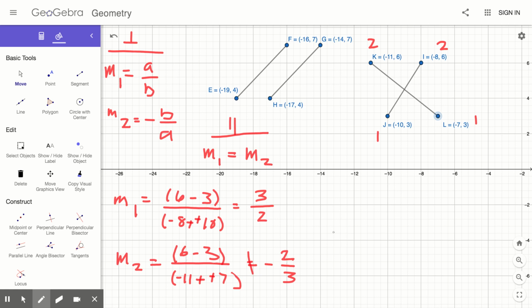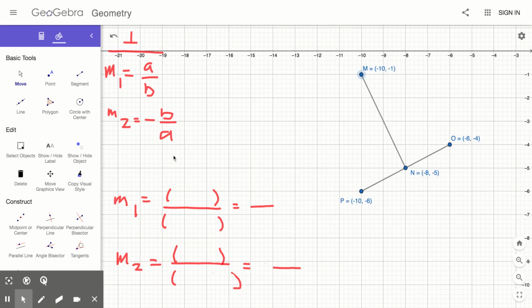So let's do an example where one is perpendicular. All right. So now let's look at these two lines to see, in fact, that they are perpendicular. So from N to M, the difference of the y's will be negative 5 minus a negative 1 and a negative 8 minus a negative 10.